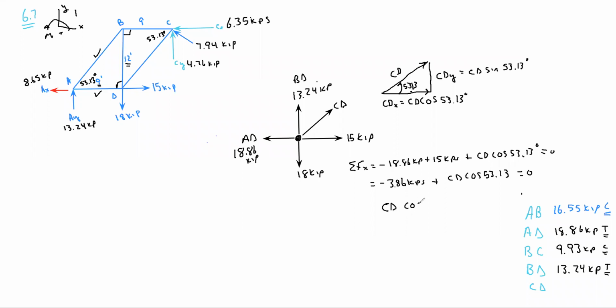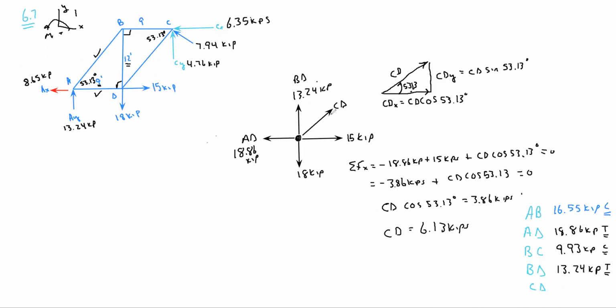CD cosine 53.13 is equal to 3.86 kips. Divide both sides by cosine 53.13 and we get that CD is equal to 6.13 kips. It is positive, which means I have the assumption in the correct direction.